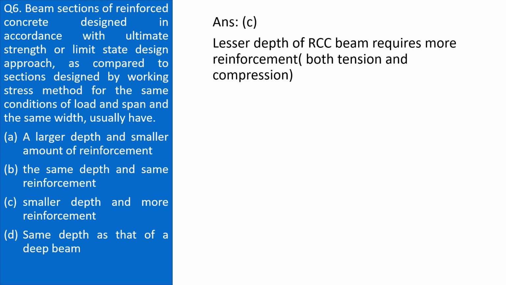So we can assume that the lesser depth of RCC beam requires more reinforcement, both tension and compression. You can calculate by using the equations also in IS 456. That kind of questions will be discussed in later videos.